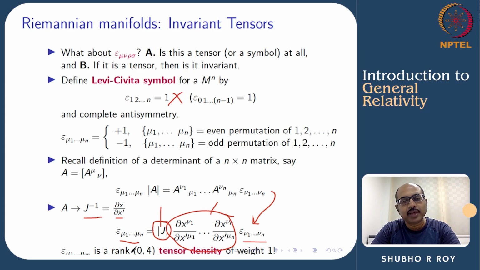What it is, in fact, is a tensor density of rank 0, 4 and weight 1. I will explain what this is. But just remember that it got disqualified from being a tensor because, in addition to components of the inverse Jacobian featuring in the transformation law, we also had the determinant of the Jacobian featuring. So that is not the transformation law for a tensor.